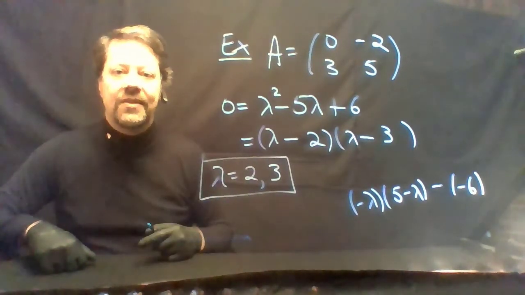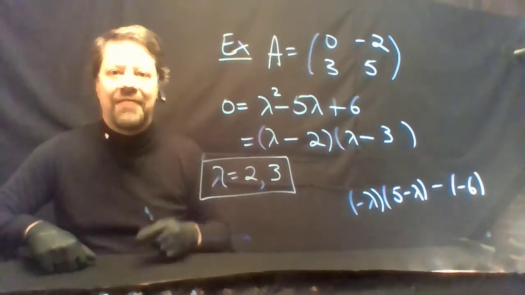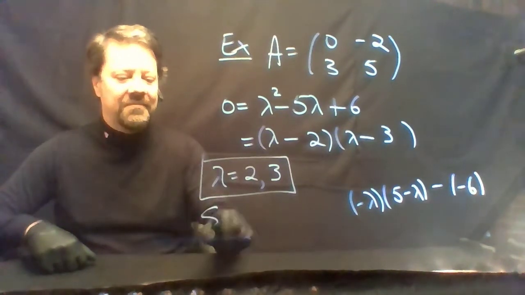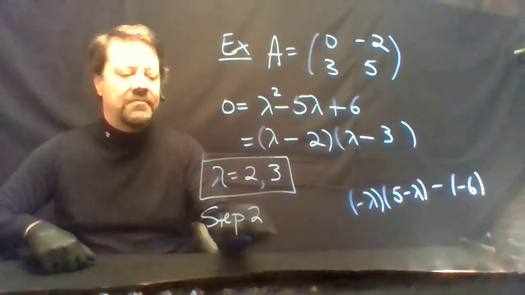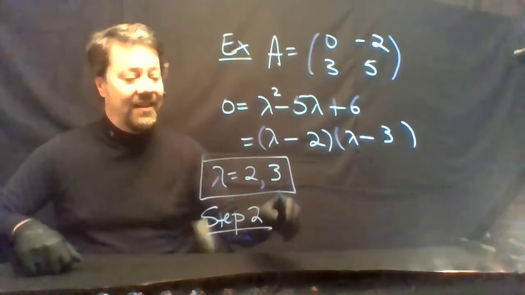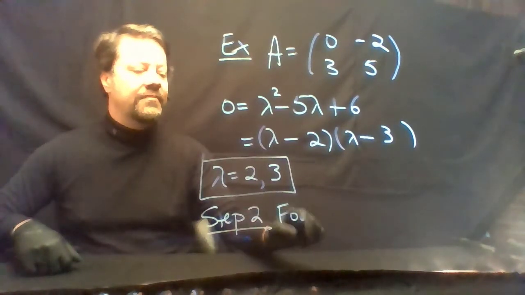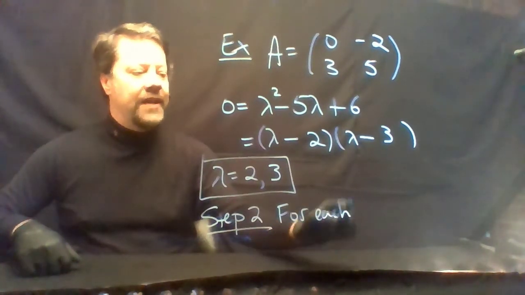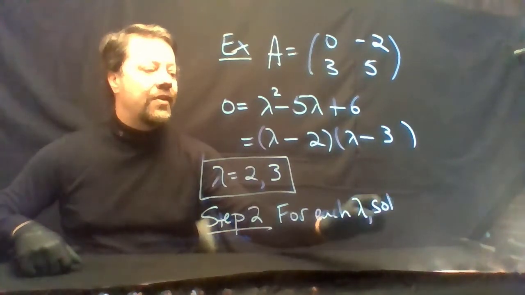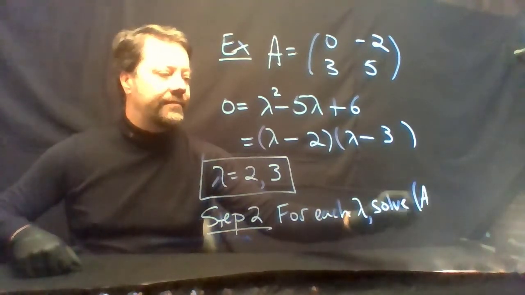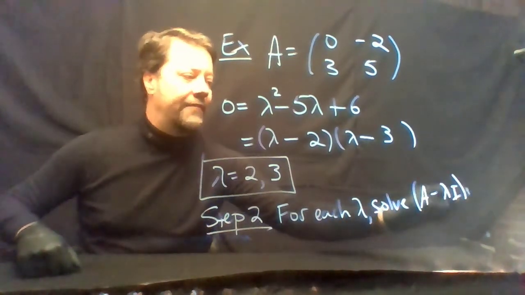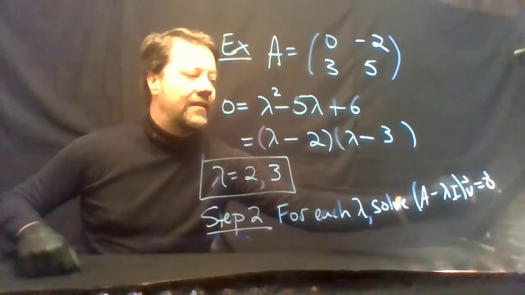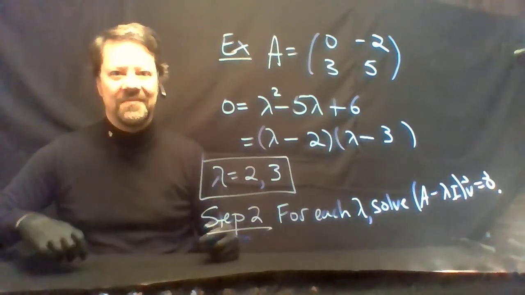What we need to do next is step 2, find the eigenvectors. In step 2, for each lambda, you have to solve the system of equations (A minus lambda I)v equals 0.